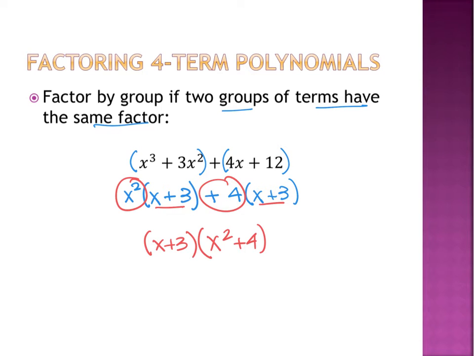So that tells me that x plus 3 times a quantity of x squared plus 4 are my two factors. If you wanted to, you could distribute the x plus 3 onto the x squared plus 4, and you will see that you end up with this original polynomial. So let's take a look at a few more examples, and then we will wrap up chapter 9.